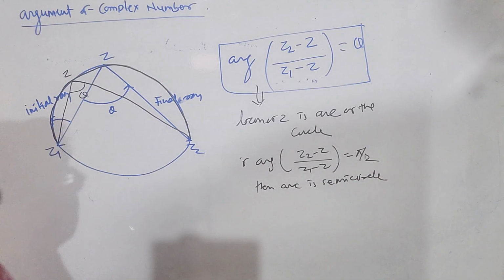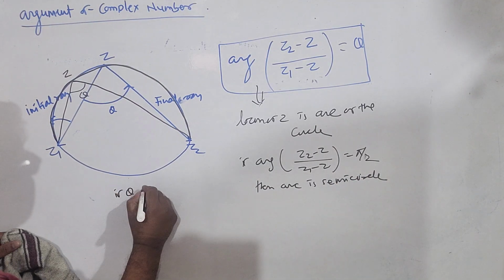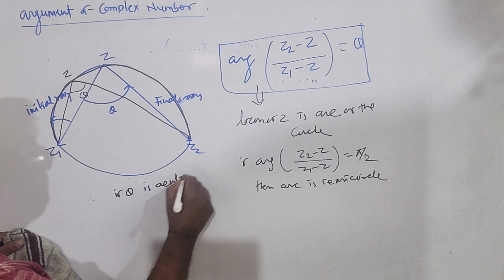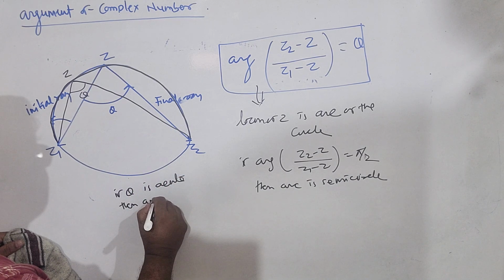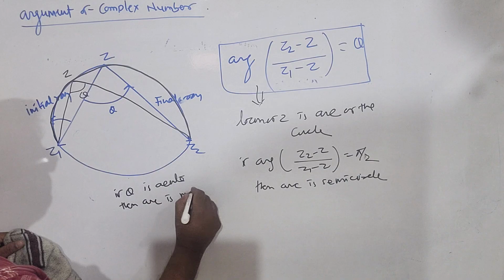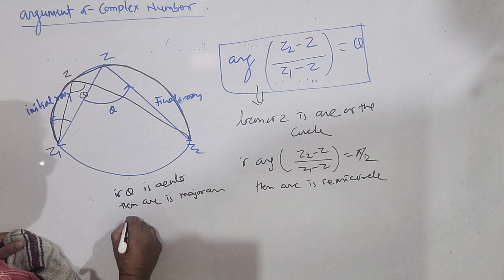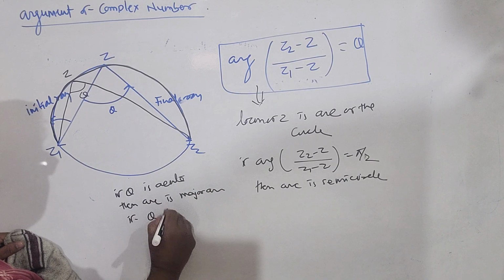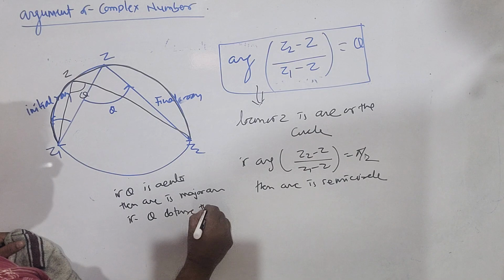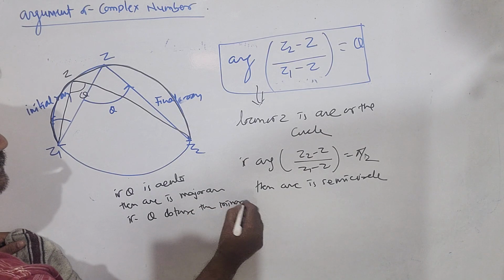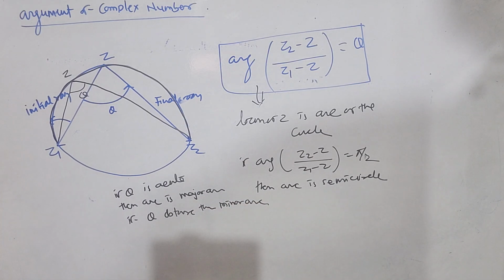And therefore we can say that if theta is acute, then the arc is a major arc, and if theta is obtuse, then the arc is a minor arc. Is that clear? Major arc and minor arc.